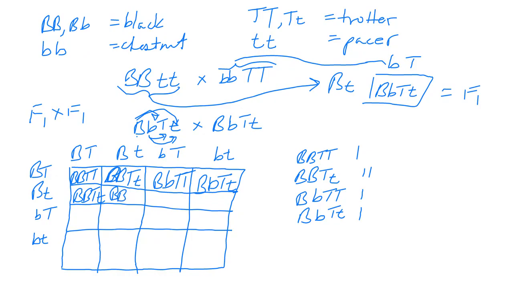Big B, big B, little t, little t. Big B, little b, big T, little t. We already have that one, right? Big B, little t, little t.